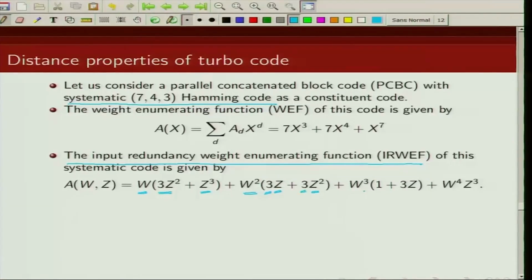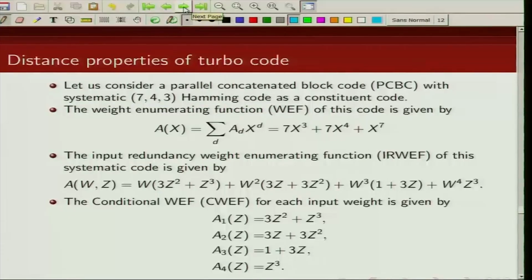Now we can also find out the conditional weight enumerating function. So from this input redundancy weight enumerating function, we can find out the conditional weight enumerating function. So when input weight is 1, the conditional weight enumerating function is 3z squared plus z cube.